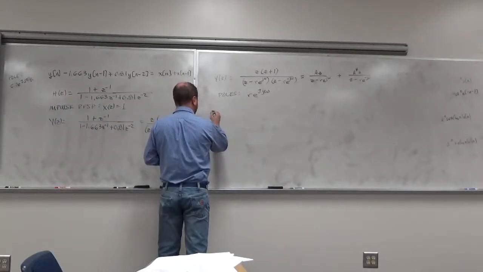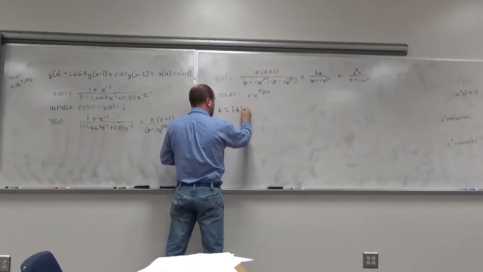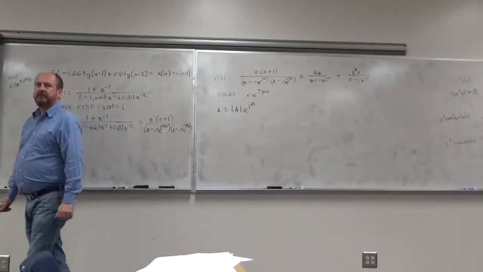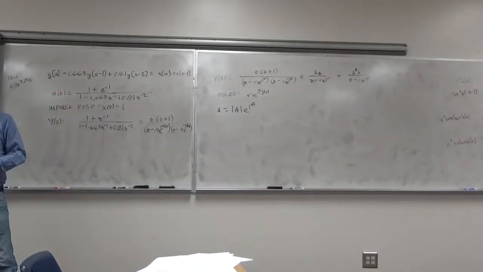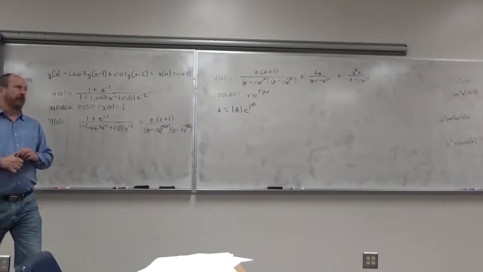So y of n, I'm going to write A as magnitude of A e to the j theta. Can I do that? What have I done? All I've done is write it in polar form with a magnitude and a phase. Magnitude e to the j phase.